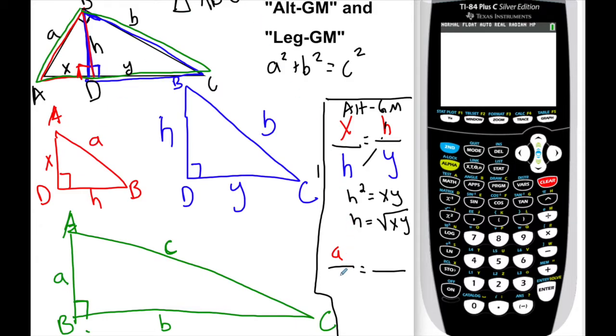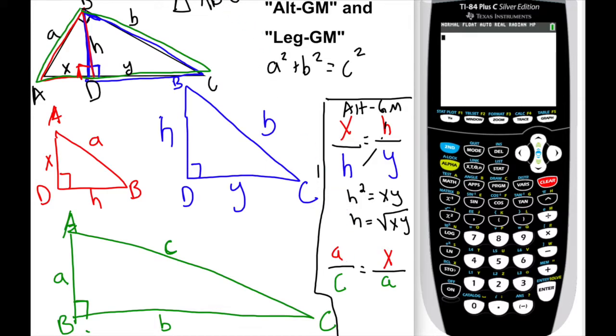In the green triangle, C plays the role of the hypotenuse, since it's across from the right angle. Okay? Now, in the red triangle, X plays the role of the height, and in the green triangle, A plays the role of the height.